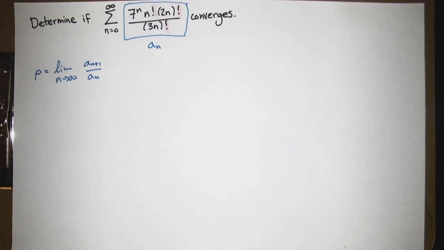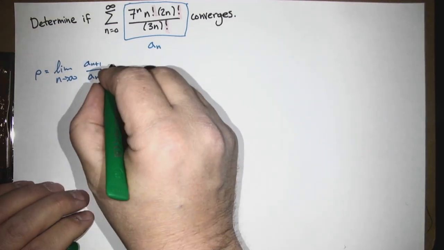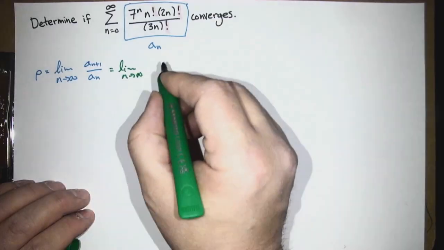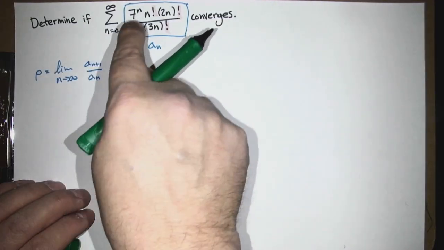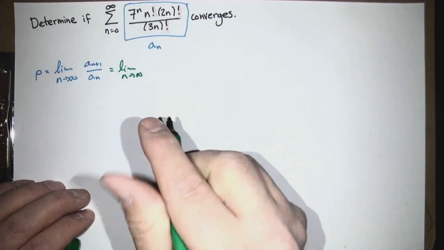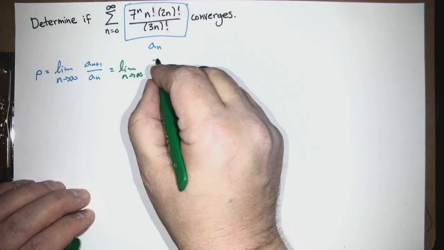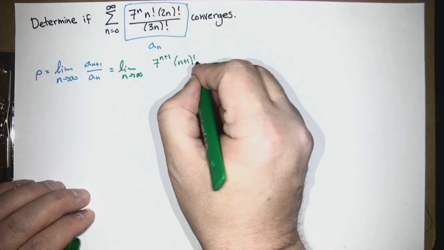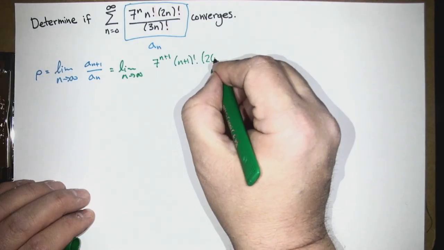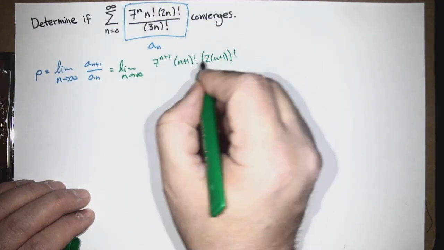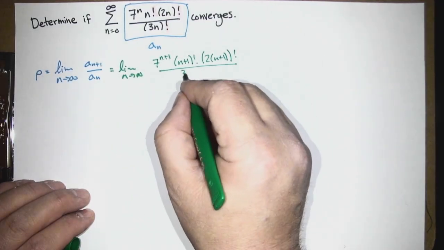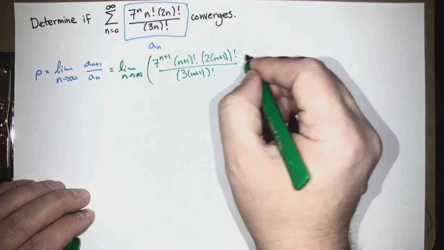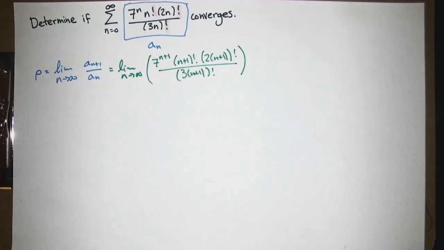So we're going to do the a n plus 1. Everywhere where we see an n, we're putting an n plus 1. So 7 to the n plus 1, n plus 1 factorial, 2 times n plus 1 factorial, 3 times n plus 1 factorial. So this is our a n plus 1.